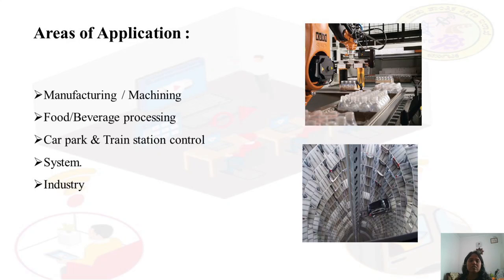Some areas I have listed here, that is manufacturing and machining. In manufacturing and machining industries, they use PLCs to control the big plants. Food and beverage processing, car park and train station control. This is the diagram of the car parking system. Here the PLCs are used. Then industries.